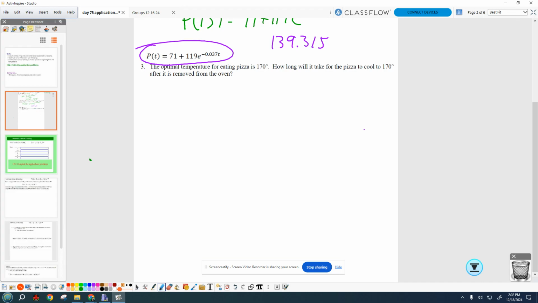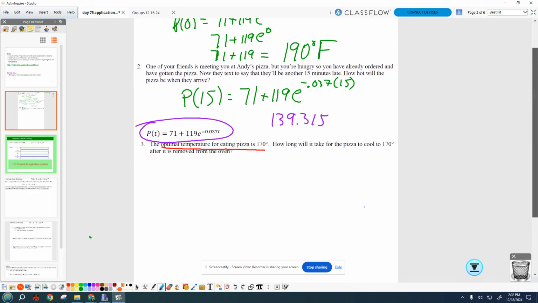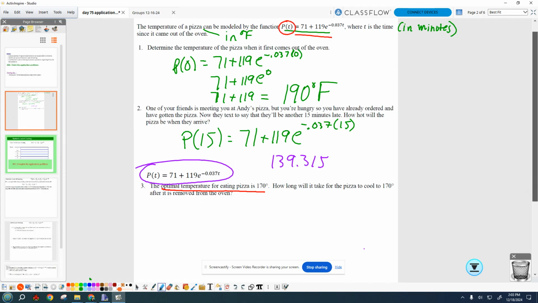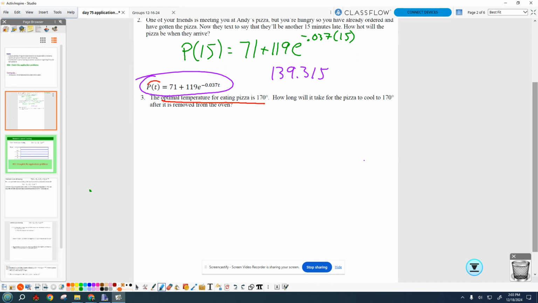Well, it's like the final answer, so I would think in front of the equal sign. Okay, the optimal temperature of the pizza is 170. In the problem itself, the temperature of the pizza can be modeled with this function. So, Gray, I think what you're saying is to make this become 170. Yeah, okay.